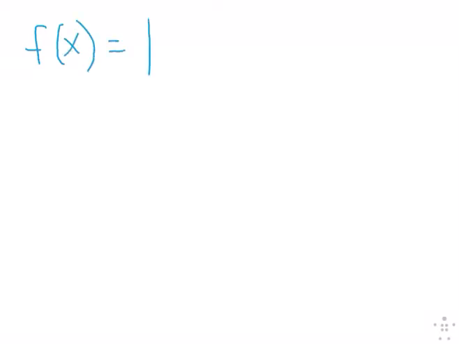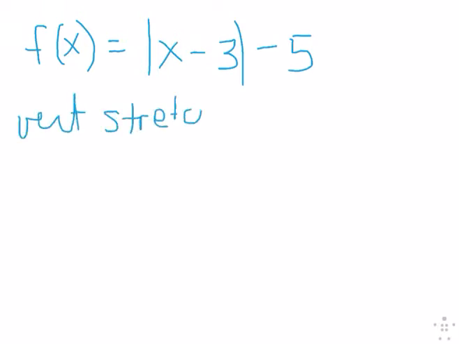So if it gives you f of x equals the absolute value of x minus 3 minus 5, and I want to vertically stretch it by 2. Is vertical inside or outside?